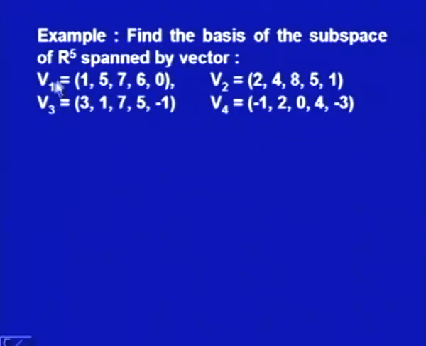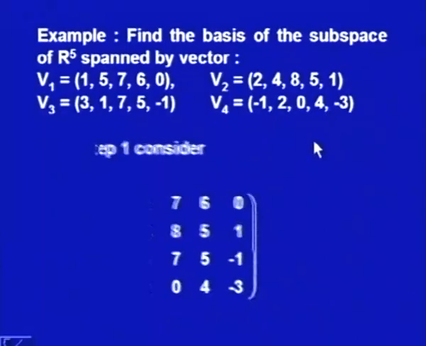We have been given 4 vectors in R5. We have to find the basis of the subspace of R5 spanned by this set of vectors. V1 is 1 5 7 6 0, V2 is 2 4 8 5 1, V3 is 3 1 7 5 -1, and V4 is -1 2 0 4 -3.